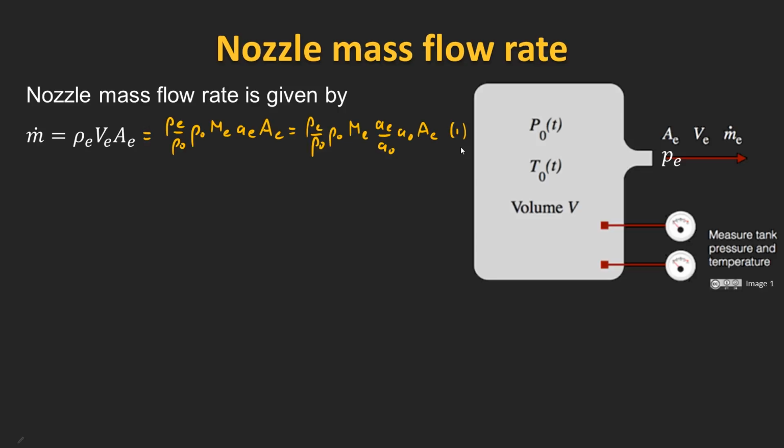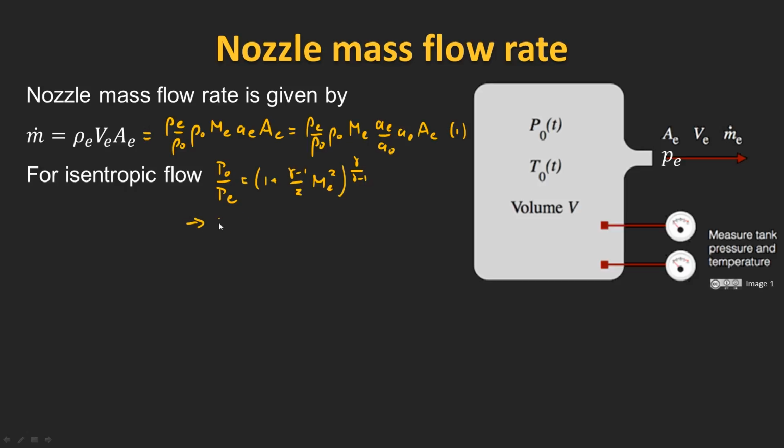Now for an isentropic flow, the stagnation pressure is constant, so the ratio of our exit stagnation to static pressure is going to be equal to 1 plus gamma minus 1 over 2 times the exit Mach number squared to the power of gamma over gamma minus 1.